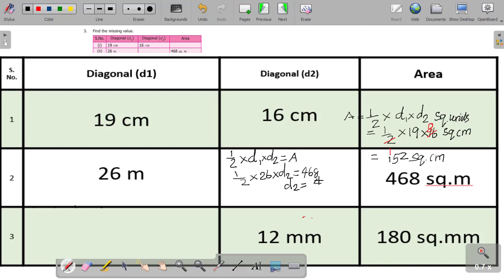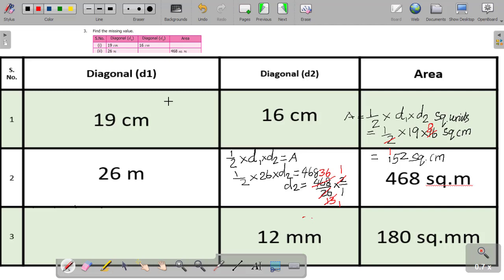Then transpose all the elements to the right hand side. 26 will become a dividing factor, and the reciprocal of 1 by 2 is 2 by 1. So if we simplify, you will get 1 2s are 2, 13 2s are 26, 1 13s are 13, 3 13s are 39, again we will get 78, 6 13s are 78.